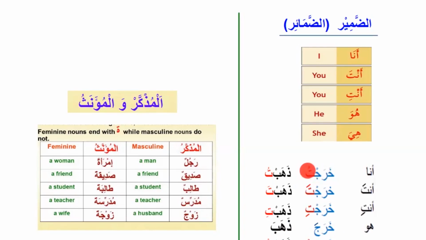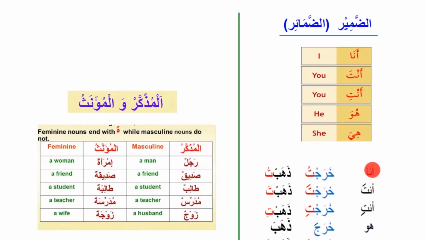So you only need to attach the pronoun to it. Kharaja initially means he left, so you just attach a pronoun. You can see the one in red. Those are the pronouns. We call it dhamir muttasil, attached pronoun. You attach it to the verb to turn it to whatever you want, for example, I went, or she went, depending on what pronoun you are trying to refer it to.